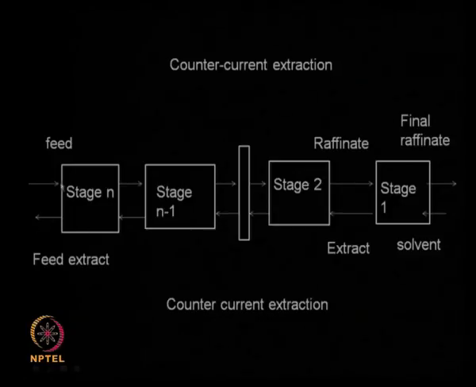Both of these are moving countercurrent to each other, and you are going to have n stages in this particular design, and that is why it is called an n stage countercurrent design. So again the advantage is you are not adding any fresh solvent in this particular case.